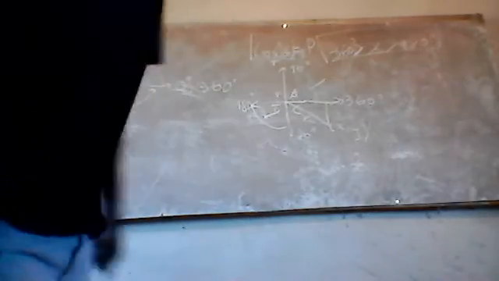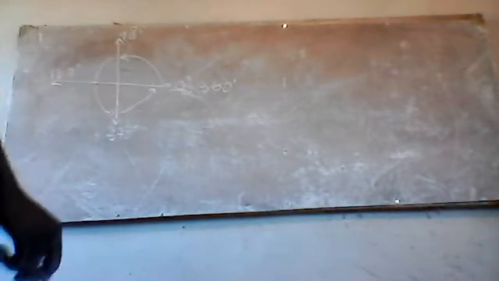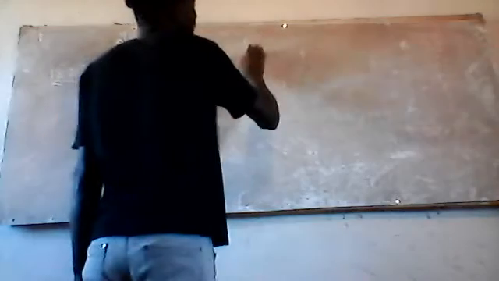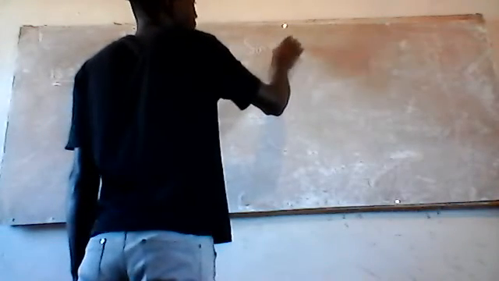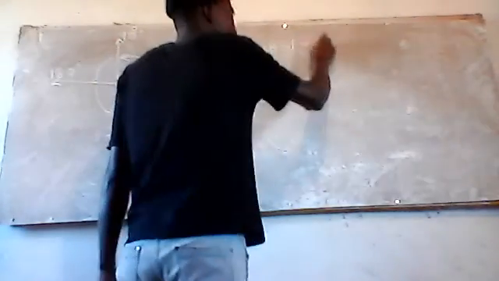Let's try another question to see if it will make sense, guys, about identifying the quadrants. Let me say this time I'm told that 2 sine beta minus 1 is equal to 0.